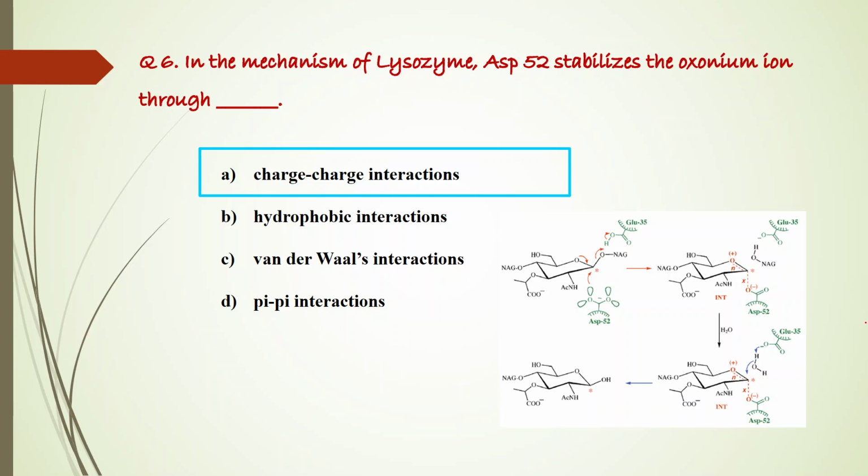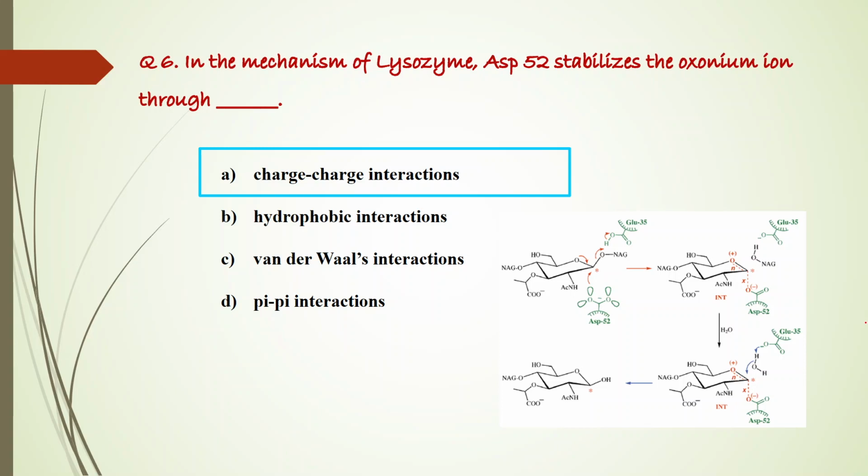It generally breaks the bacterial, what should I call that? One second. The bacterial lining, or the bacterial cell wall. It can break the bacterial wall. Lysozyme's work is to break down the cell wall of the bacteria.